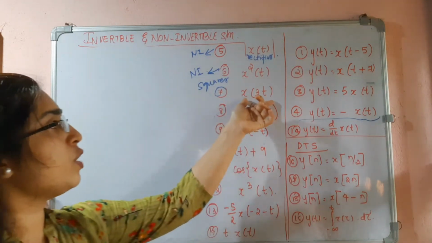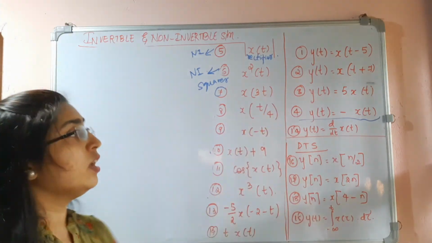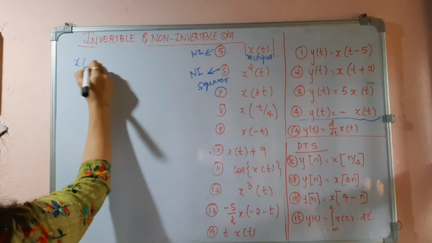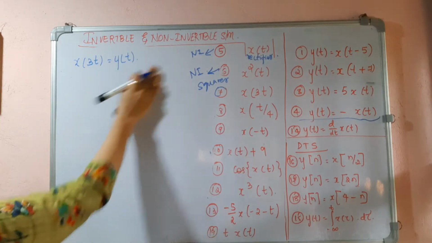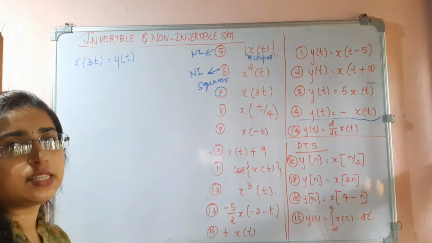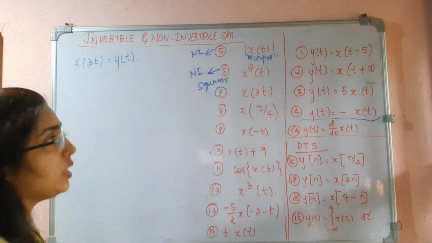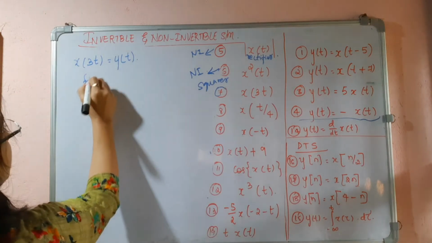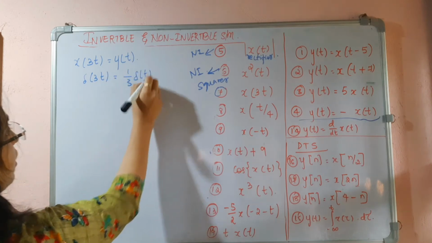Next comes x of 3t. This is nothing but time scaling. Let us see now. x of 3t is equal to y of t. Let me consider the unit step and the impulse function as the test signals. If I give delta of t as the input, delta of 3t will be equal to 1 by 3 delta of t.